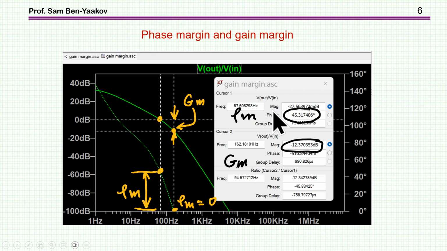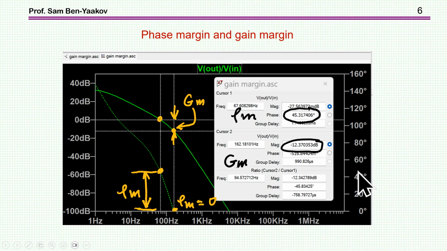Gain margin is a bit different. And I'm showing now here again the phase margin and the gain margin for a system. This is the loop gain, and this is the phase. Now for the phase margin, we look for the cross of the 0 dB. Here it is, the phase here, and this distance is the phase margin.